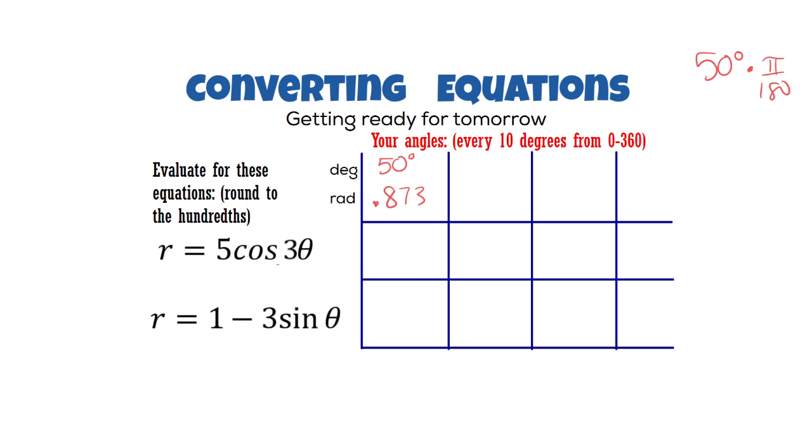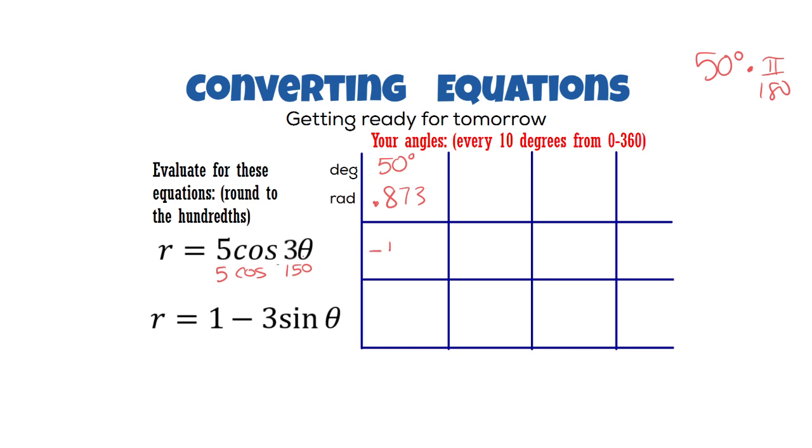What this is saying is that I'm going to take 3 times 50, which is really 150. So I'm going to do 5 times the cosine of 150. Now, I know that the cosine of 150 is on my unit circle, but really what I'm needing are decimal values. So I'm going to let you off the hook on having to evaluate your unit circle. I'm just going to type this in, 5 cosine of 150.